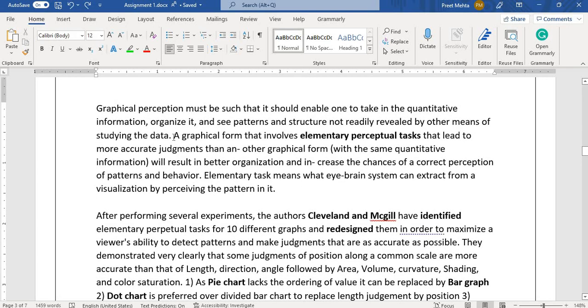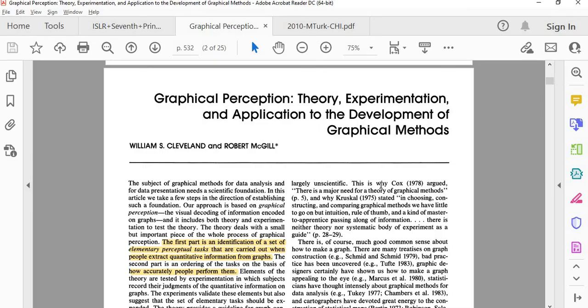A graphical form that involves elementary perceptual tasks leads to more accurate judgment, and another graphical form will result in better organization and increase the chances of correct perception of pattern and behavior.